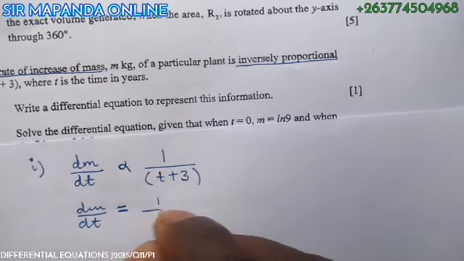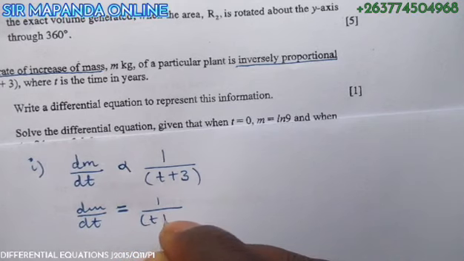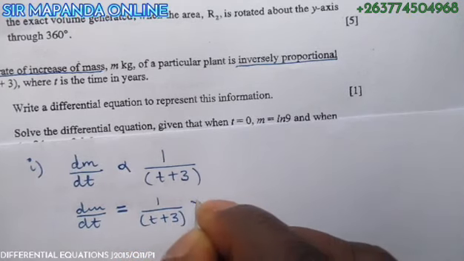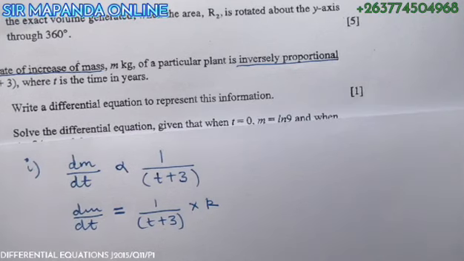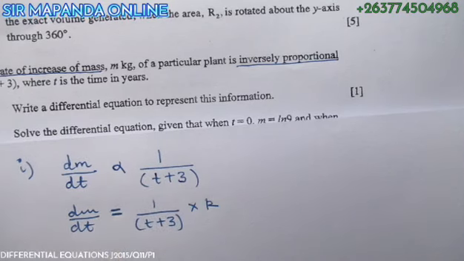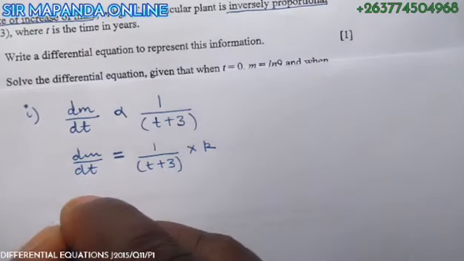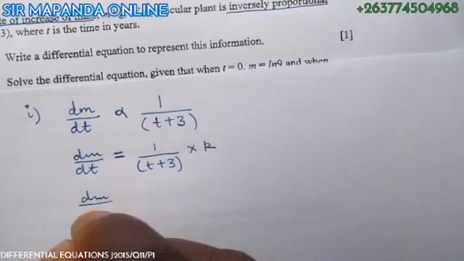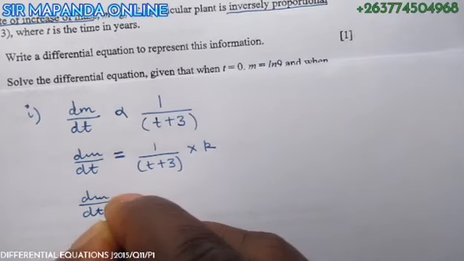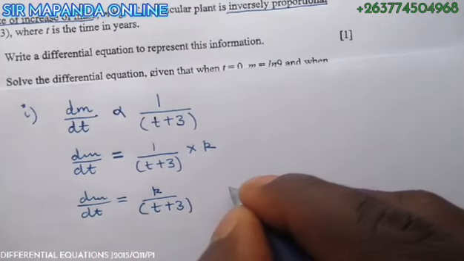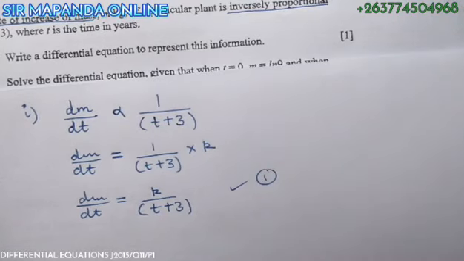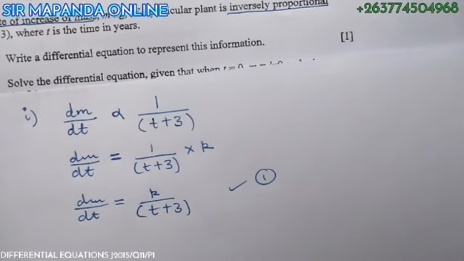So you now have 1 over t plus 3 times k. So what you get, dm over dt is equal to k over t plus 3, and you give yourself 1 mark for that. So this is the differential equation.